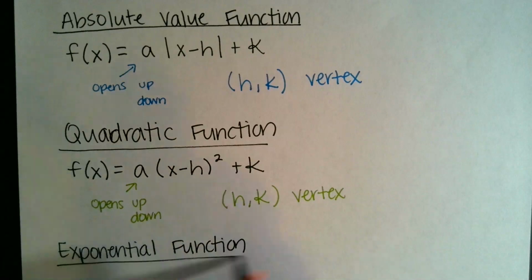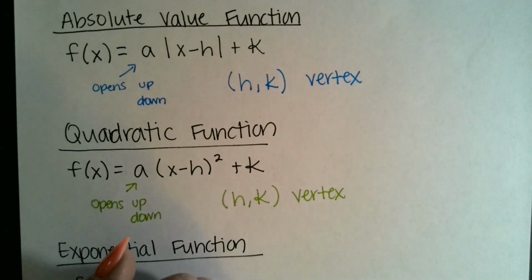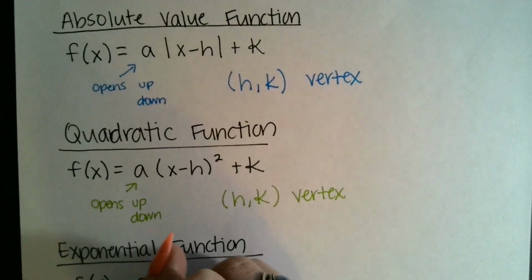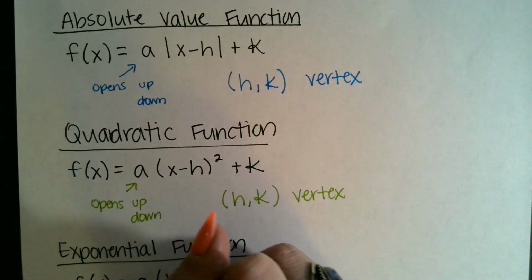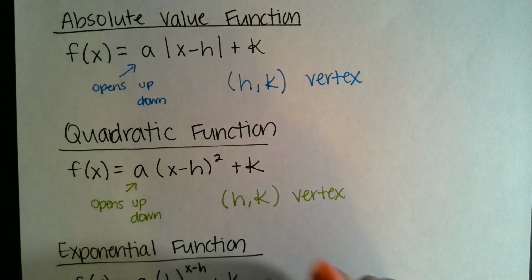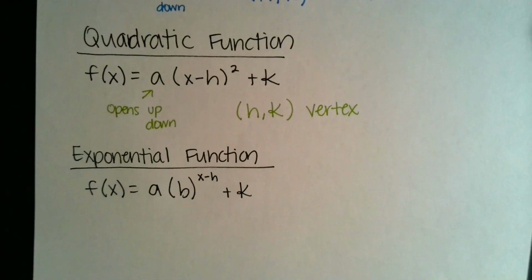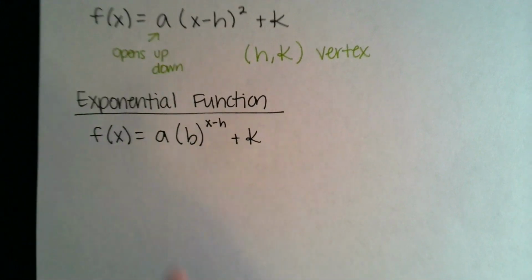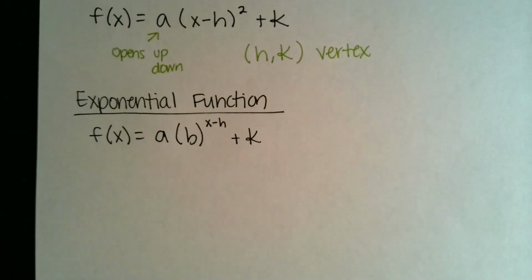Here's the exponential function, f of x equals a times b to the x minus h plus k. Now, this one is a little bit different because we have a and b, and our exponential function doesn't open up or down because it only does one thing. It only increases or only decreases. So a and b work together to determine if it's above the asymptote or below the asymptote or whatever that may be.